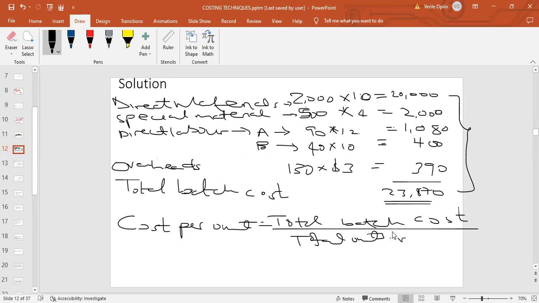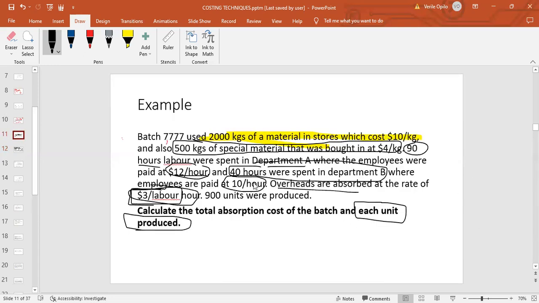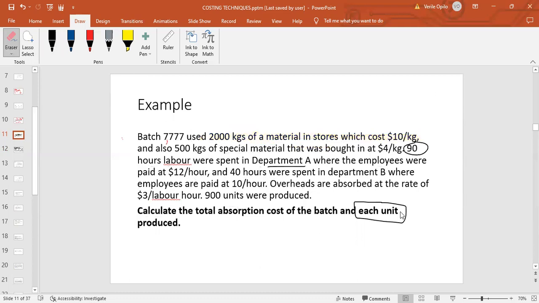How many units do we have in the batch? We have a total of 900 units. We are told that 900 units were produced, so that is what we're going to use for our computation of the cost per unit.